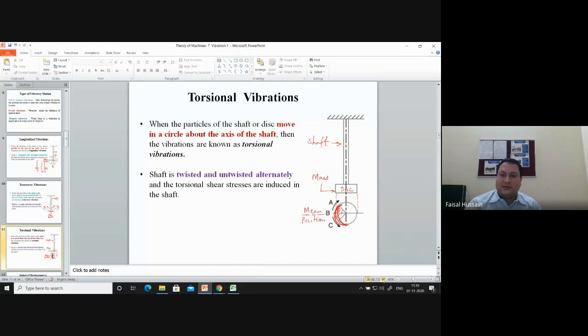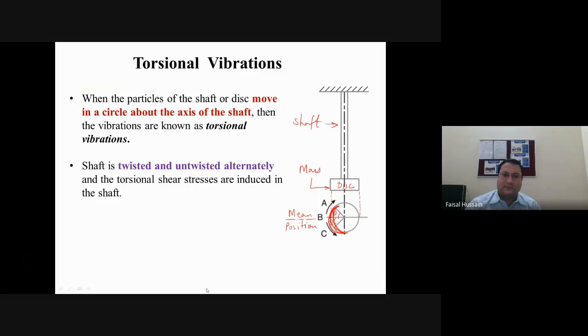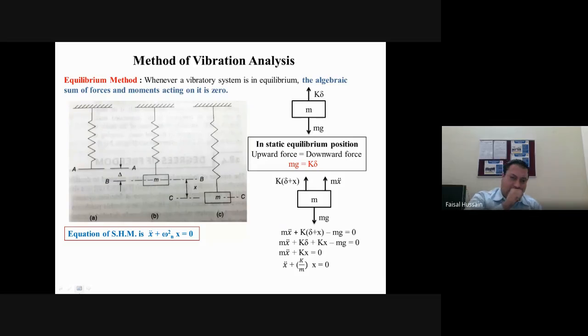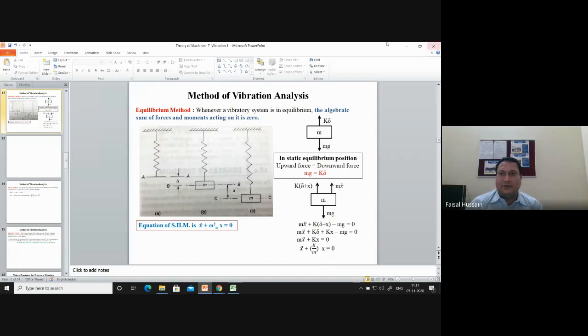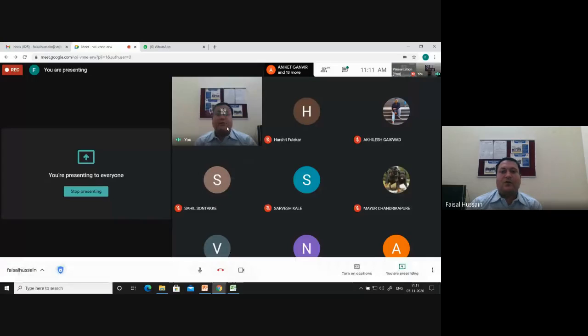Now let us move to the next part, method of vibration analysis. Please listen carefully everyone, and carefully understand these three equilibrium methods, because they are very important.